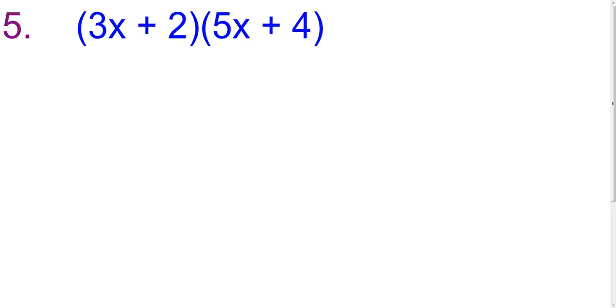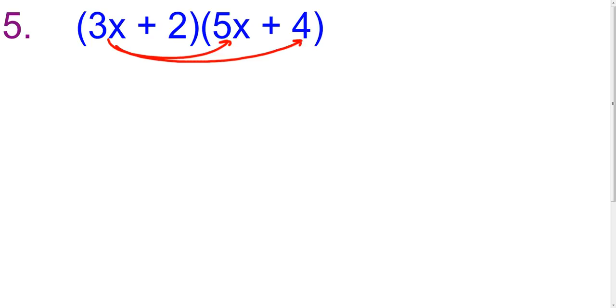Here I've got two binomials that I'm multiplying. You might remember that some teachers call this FOIL. I like to just not worry about FOIL. I like to just distribute so that that same rule can apply when we've got trinomials and other terms that we're working with. Okay, so I'm going to take this 3x and distribute it through that parentheses first.